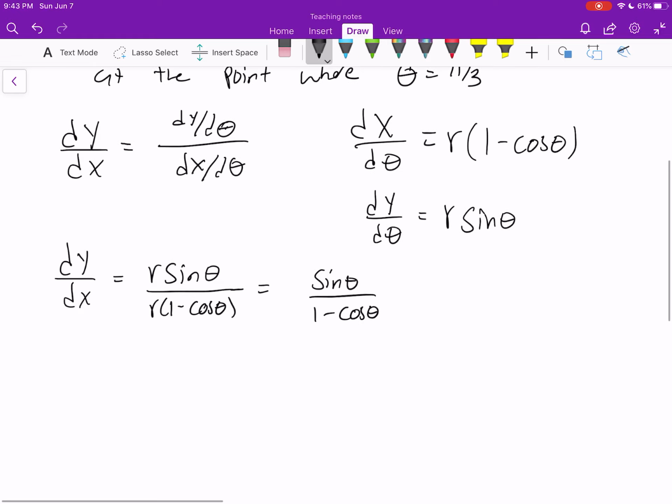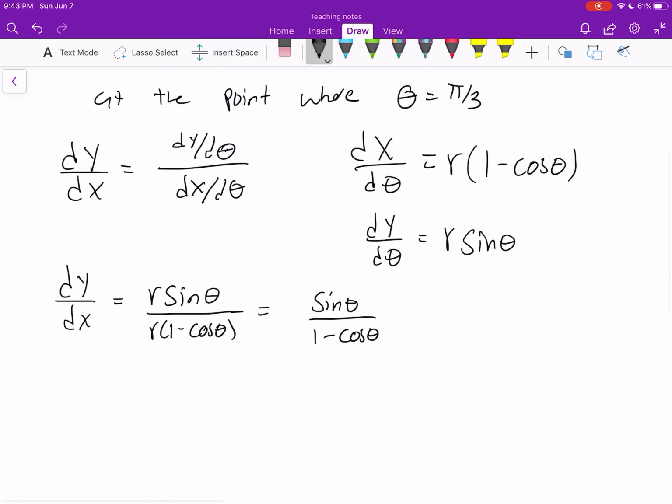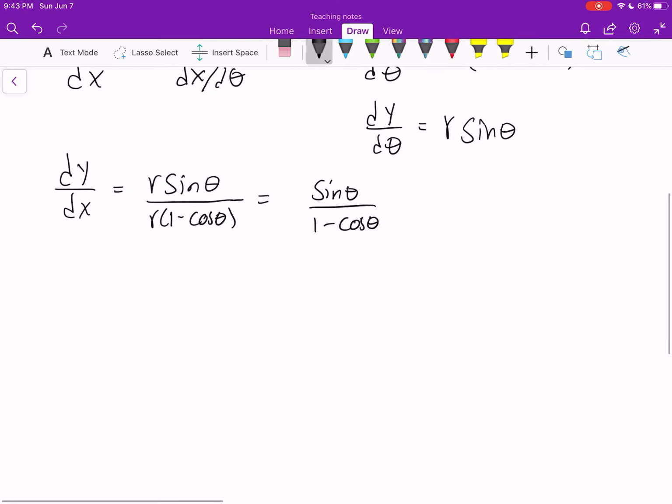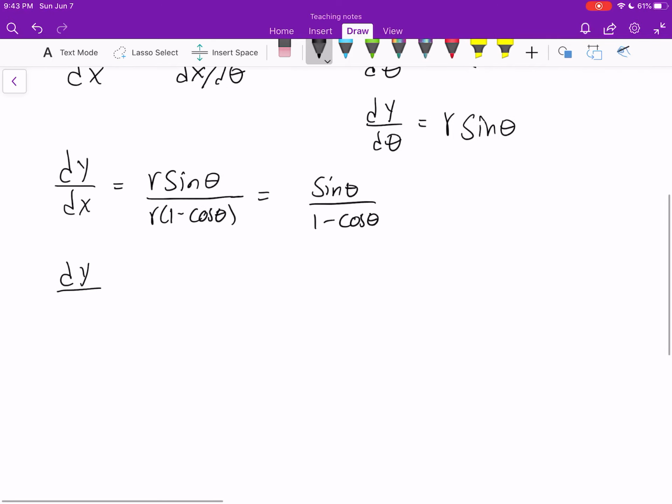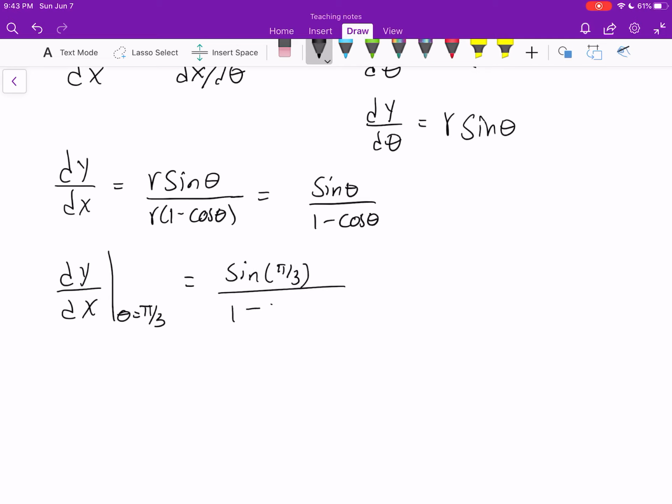Okay, so now I'm trying to figure out what is the slope of the tangent line at theta equals pi over 3. In order to do that, I need a point and I need a slope. Right now, slope's going to be the easiest thing to find. So if I plug in dy dx and evaluate this at theta equal to pi over 3, I'm going to get sine pi over 3 divided by 1 minus cosine pi over 3.